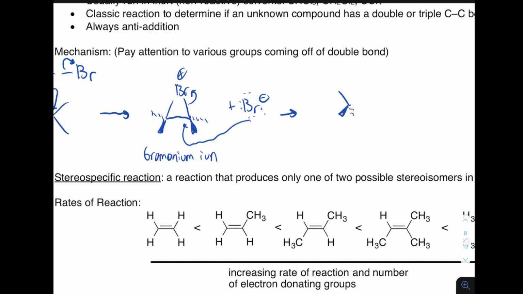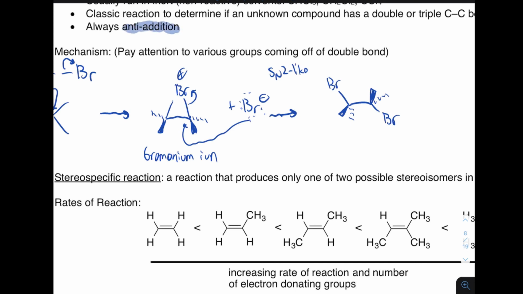And we end up getting the following. That bromine comes in and attacks, pushes up those two methyl groups, and we end up getting this molecule. And you notice, because it has to do this backside attack through this SN2-like reaction, it is anti-addition.